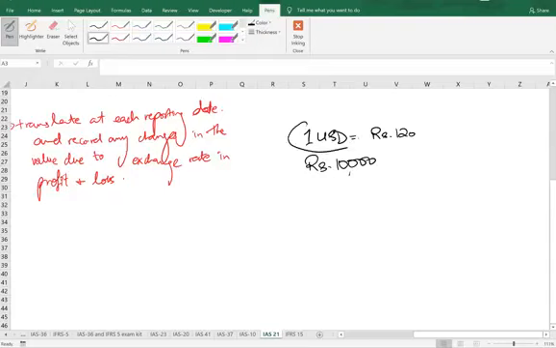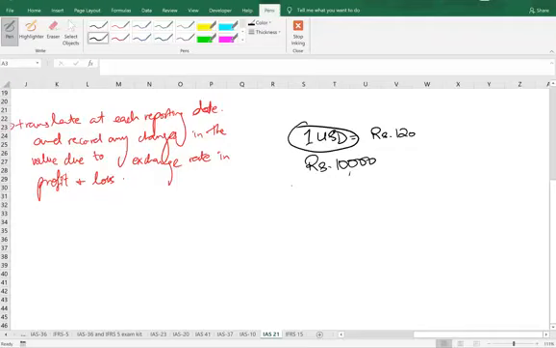How many US dollars do I have to pay at year end? If I settle it at year end, how many US dollars do I have to pay? We need to divide it by 120 rupees. Can you divide it by 120 and tell me the value? So 83.3.